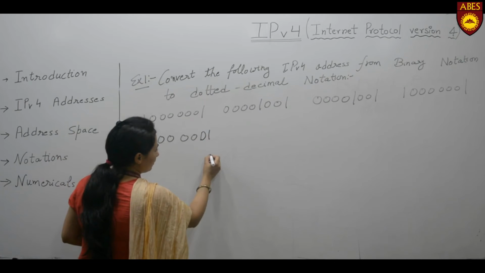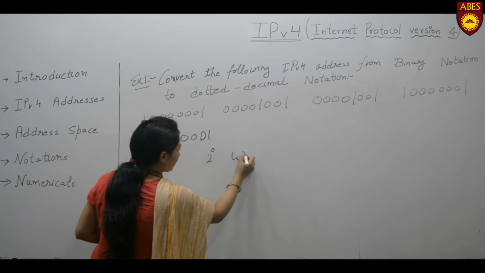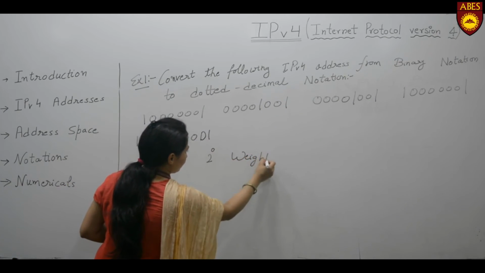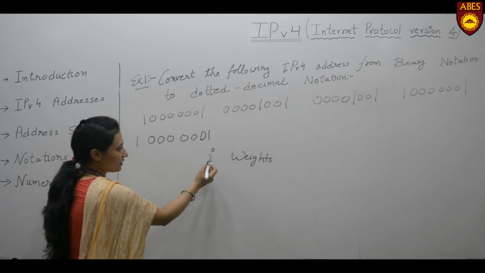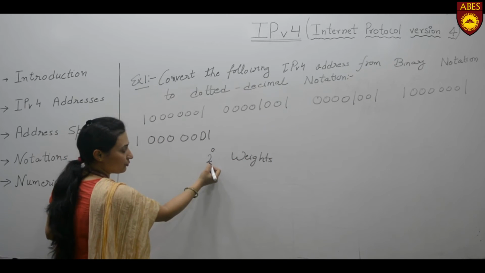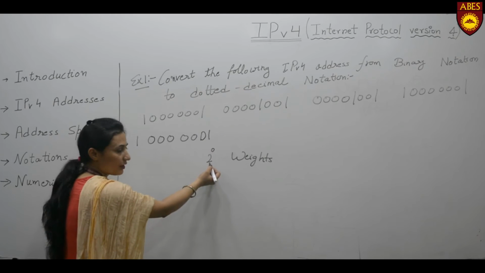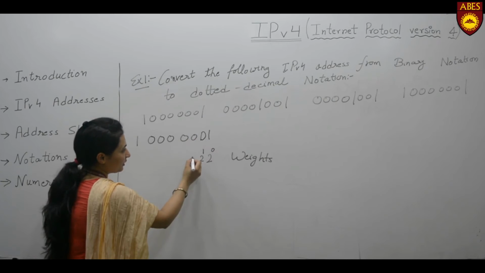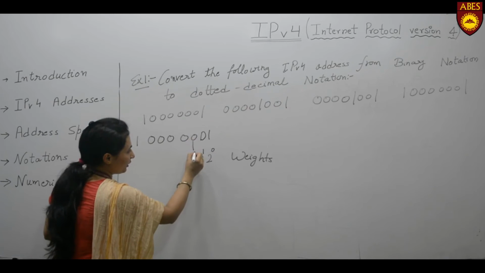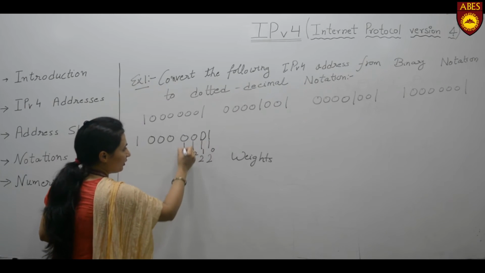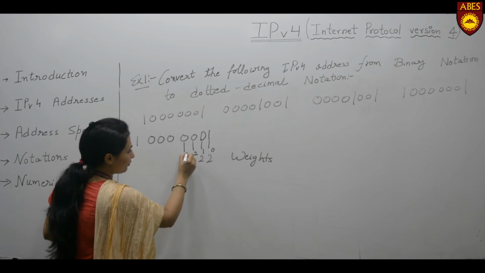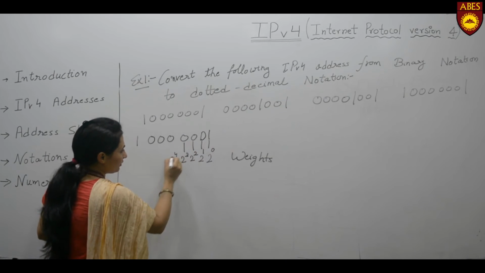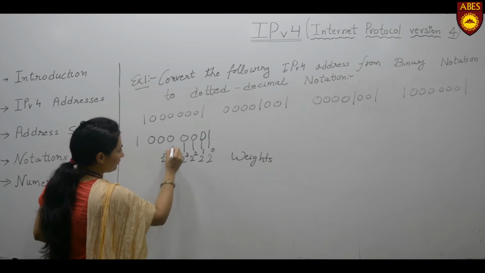So for assigning the weights, for the first position the weight is 2 power 0, second position the weight is 2 power 1, third position the weight is 2 power 2, for the next position the weight is 2 power 3, and so on.